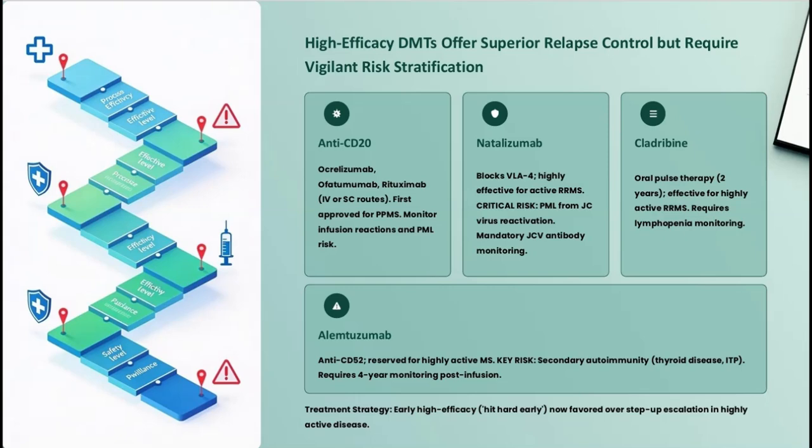Alemtuzumab is highly potent but comes with significant risks, especially secondary autoimmunity, including thyroid disease and immune thrombocytopenia. One key modern principle is the shift away from purely stepwise escalation. For highly active disease, many centers now favor a hit-hard early strategy, using higher efficacy therapies sooner.